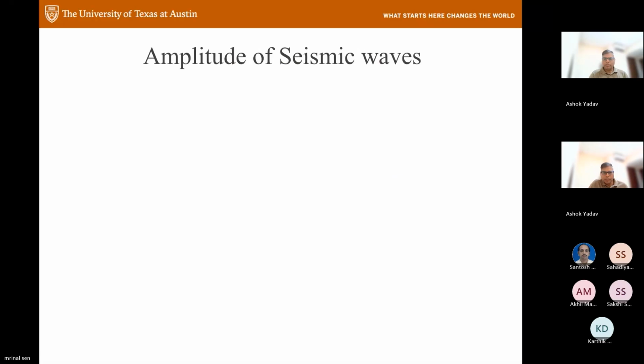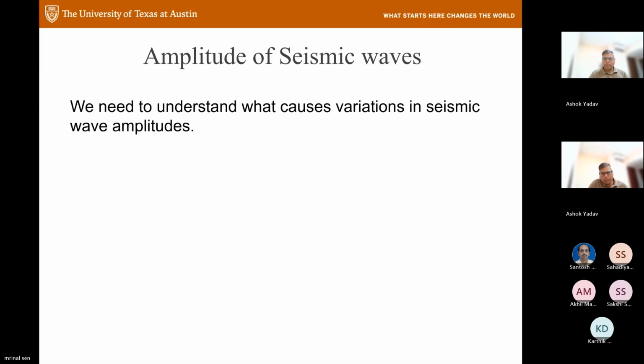So we briefly talked about amplitude in terms of normal incidence reflection coefficients, right? So we need to understand what causes variation in seismic wave amplitudes.